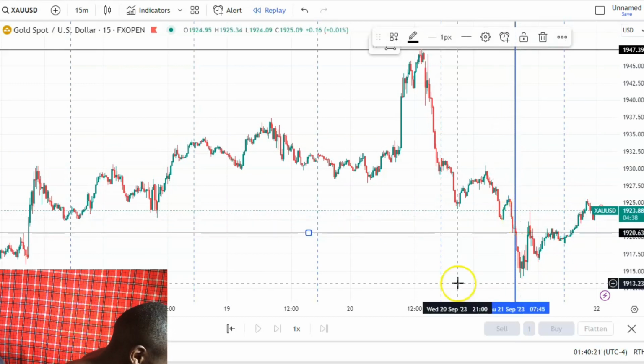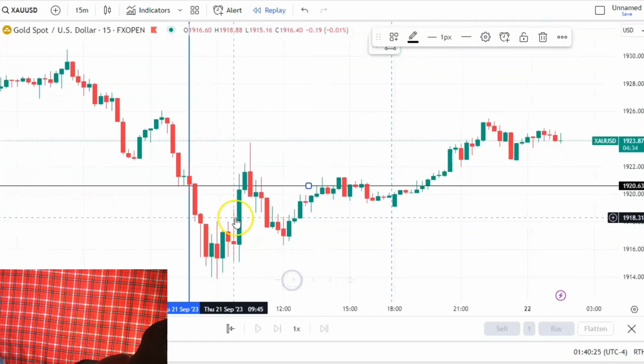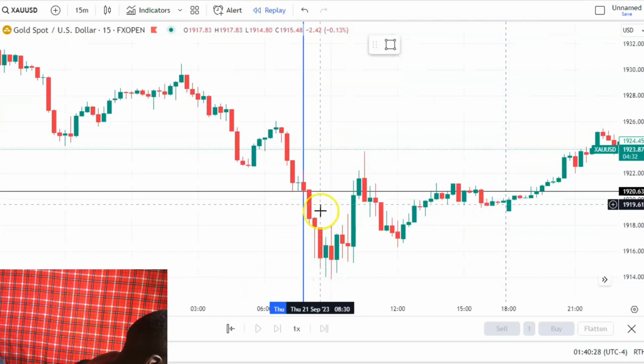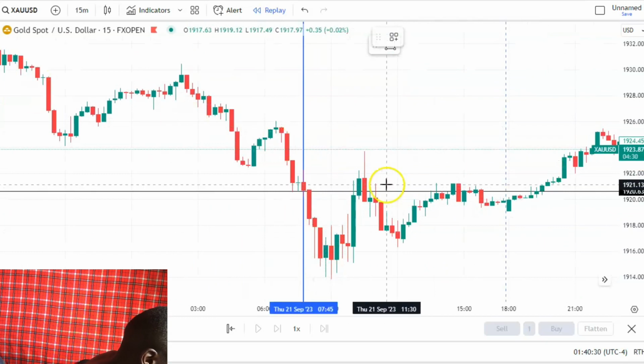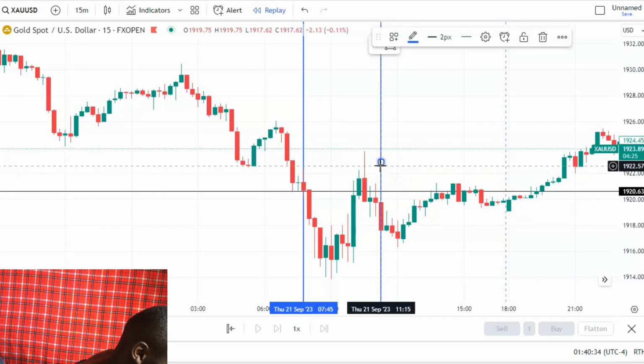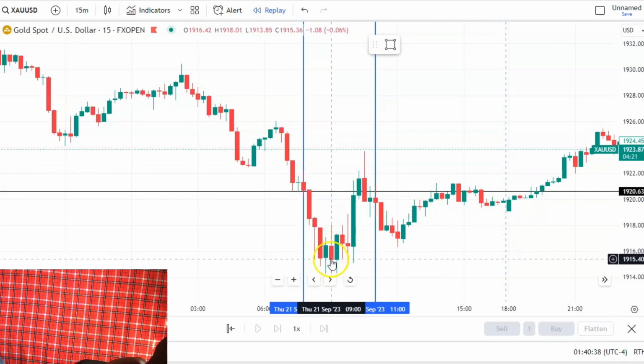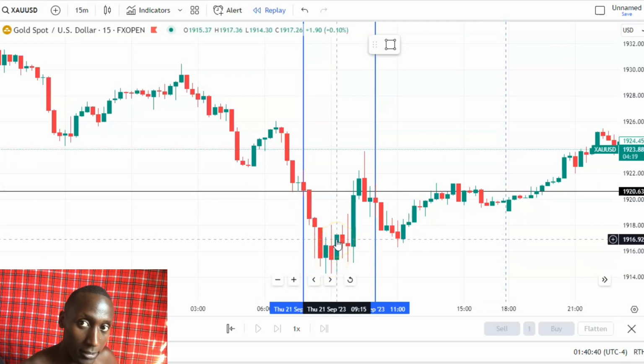At 8 we have this breakout. So let me just put in the time here. So we have the breakout and then we have an M pattern, but we don't have a breaking structure.